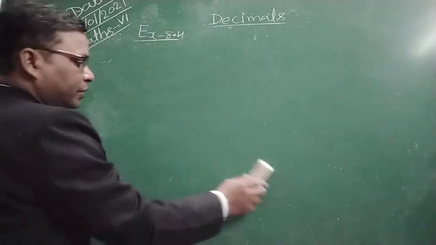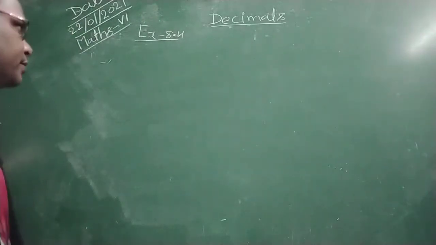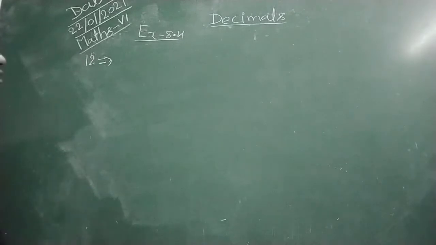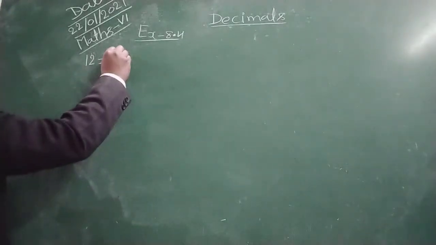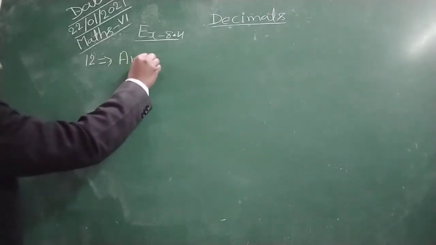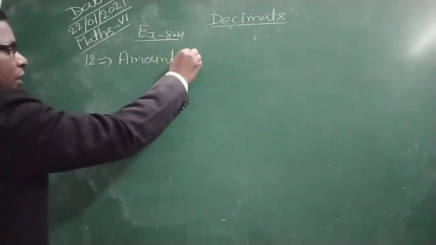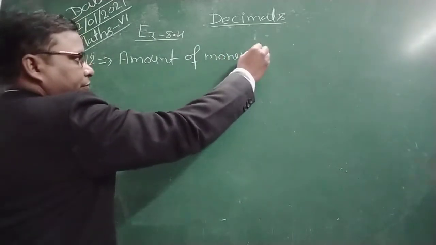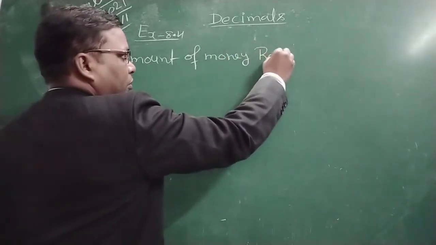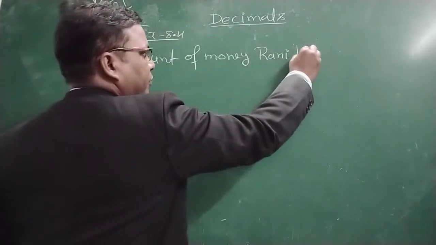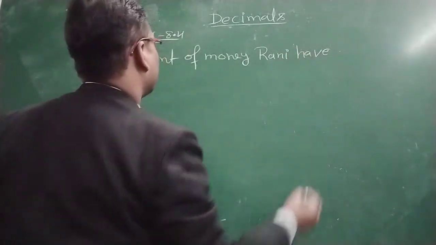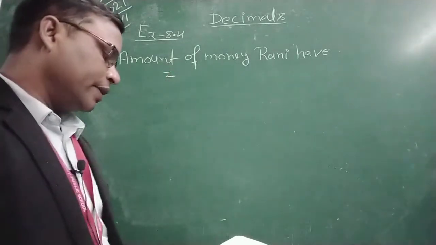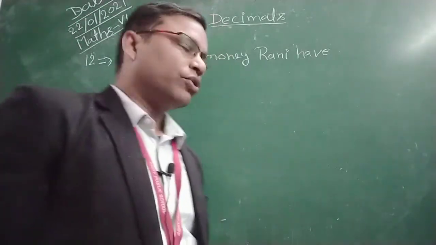Okay, so in this question, first we write amount of money Rani had. This is equal to what? You can write here, this is given, 18.50 rupees.